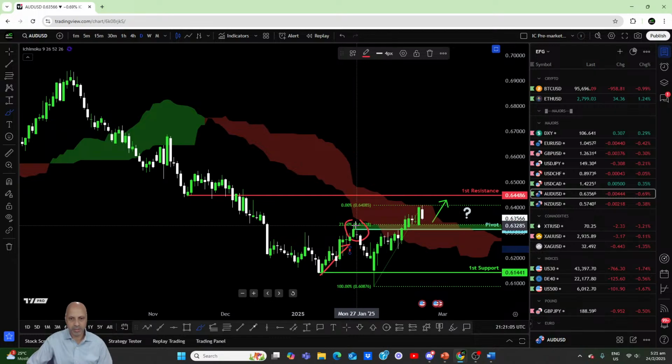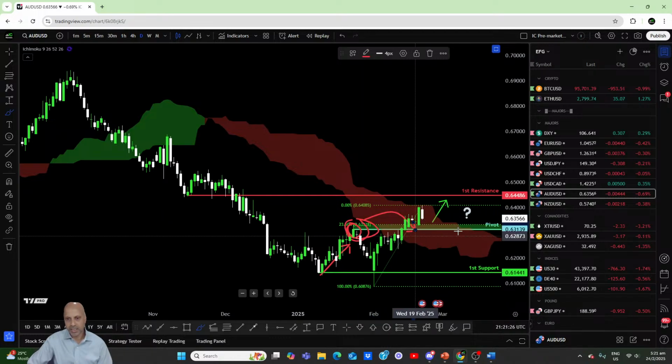You can see it's running into resistance here, making a swing high resistance, dropping back towards 61.40, stabilizing off this support level once more before finally rising higher and breaking above the prior swing high resistance. Now once a bullish break takes place, this prior swing high resistance can likely function as a pullback support, which has been identified as a pivot, and it's also a level that's accompanied by the Fibonacci retracement at 23.6%.